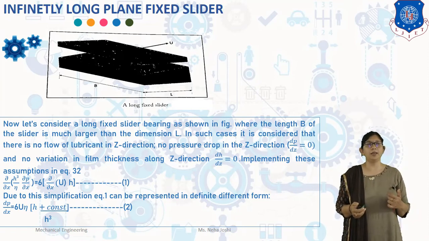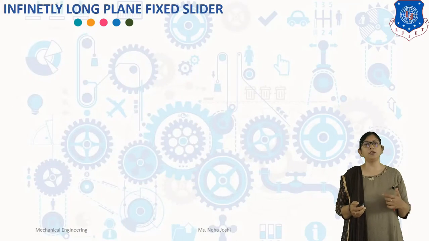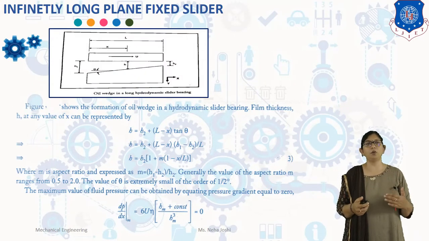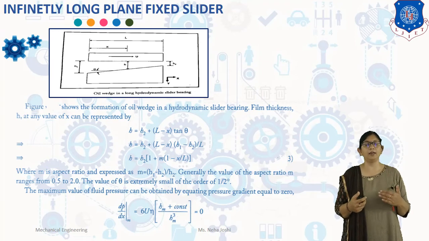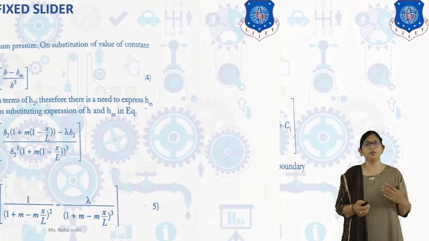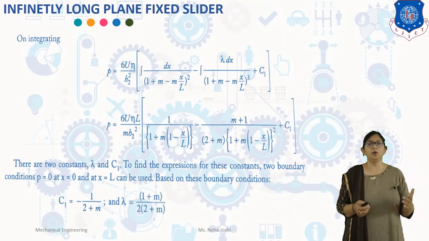Here hm is the film thickness at the location of maximum pressure. On substitution of the value of the constant in the equation, we get dp by dx is equal to 6 U eta into (h minus hm) by h cube, that is 6 U eta upon h square.